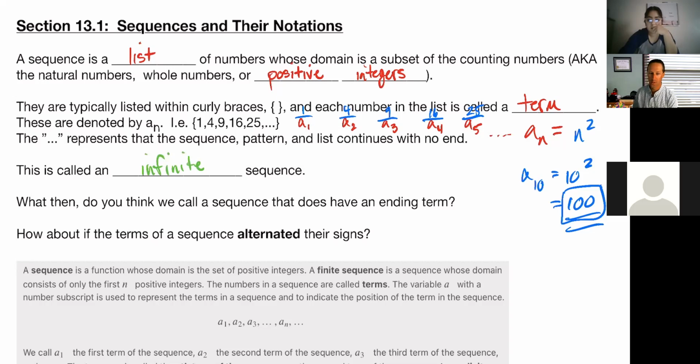So what do you think we call it when it does have an ending term? A non-infinite? Finite. Yeah, very good. And you know, infinite is the negating term, right? That prefix. So if we say it's non-infinite, what do we do when we have a negative and a negative in math?